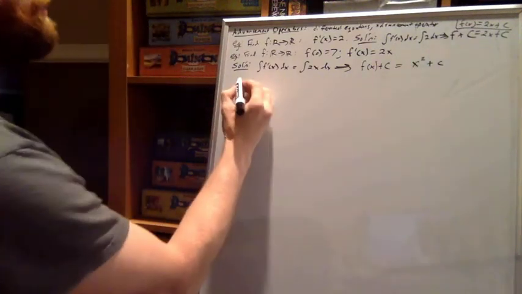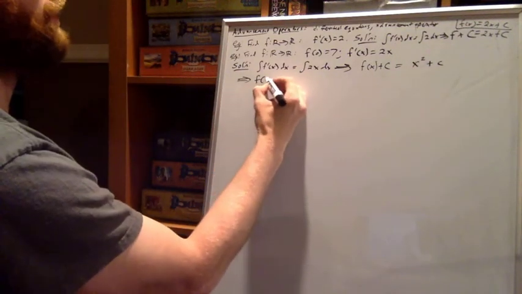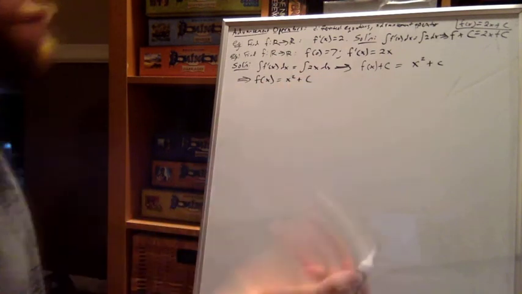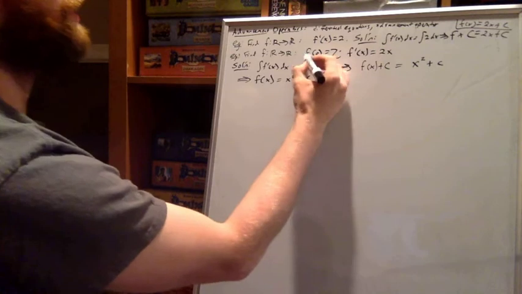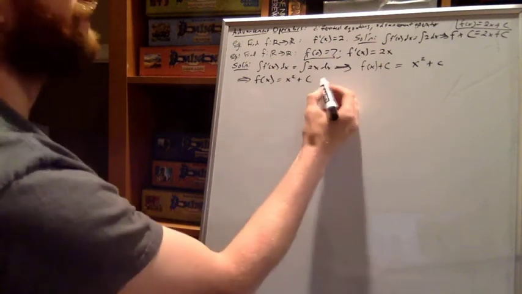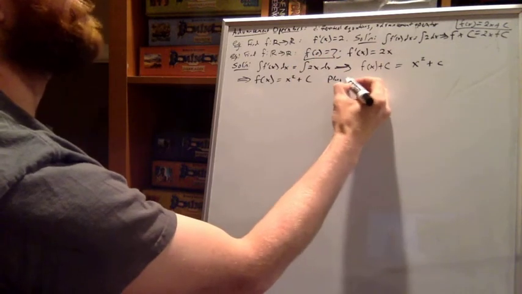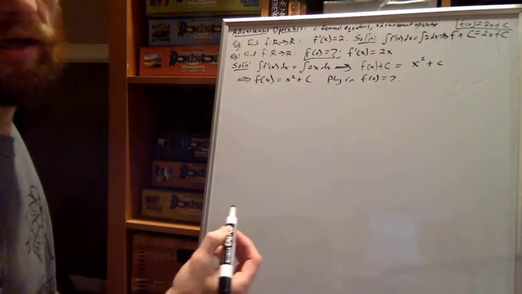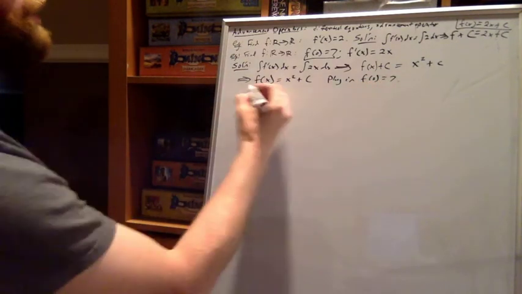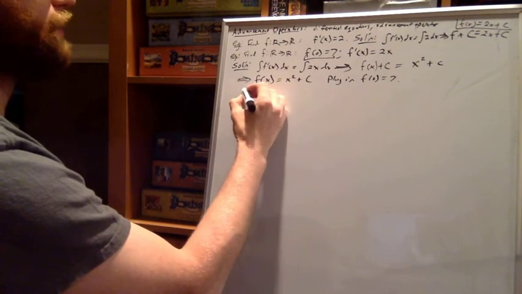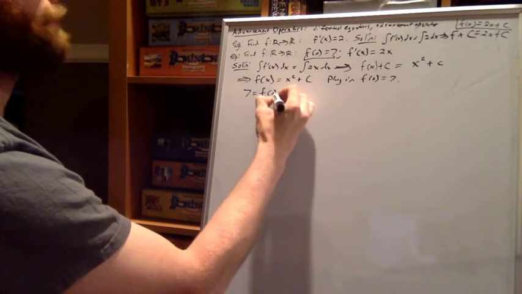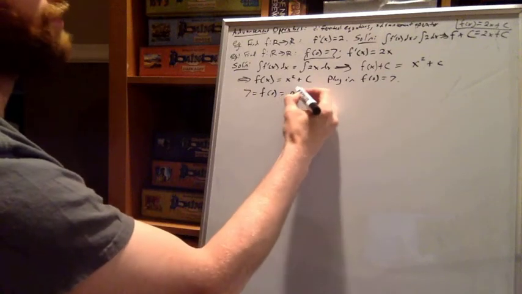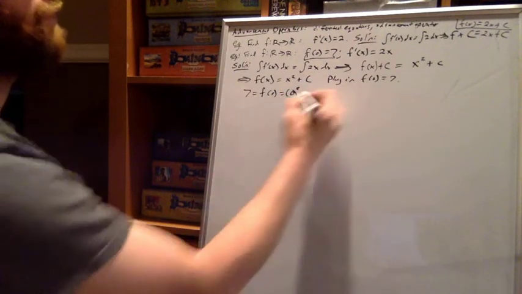So this tells me that f of x is x squared plus some constant, but now let's find this constant by plugging in this initial data. So now I plug in f of 0 is equal to 7, and what does that give me? I like to write it like this: 7 equals f of 0 equals 0 squared plus c.